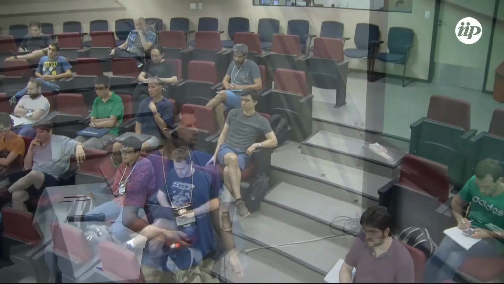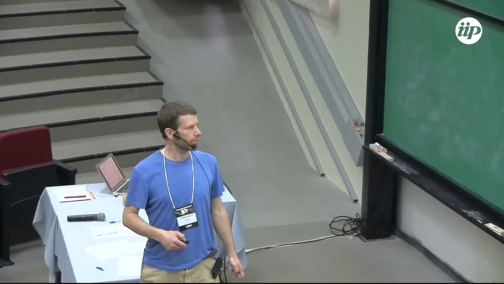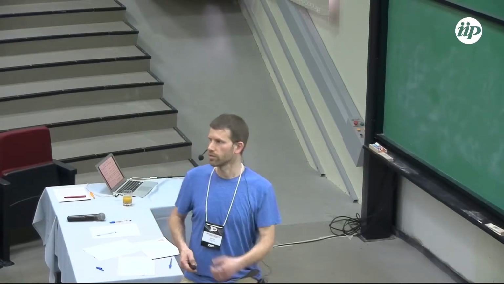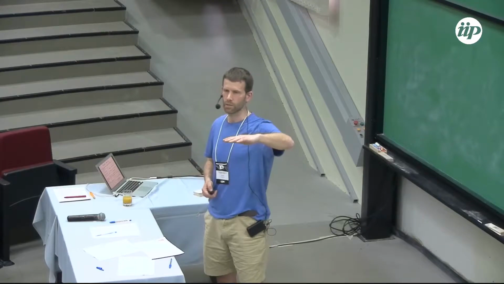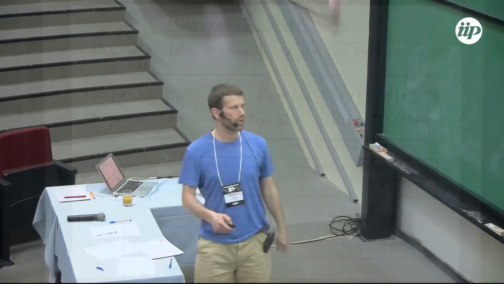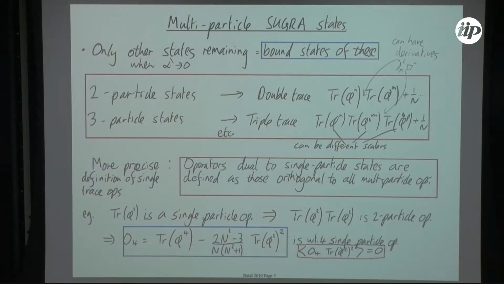So this is a point which, well, it's important to get the details right. It won't really come up again in this talk. You have to get the correct definition of a single particle operator, and I think this comes back to the point in the last talk when you were talking about P1 plus P2 and the 3-point function. So a way of thinking about that is that the single particle operator is not trace phi to the 4, but it is this particular combination.